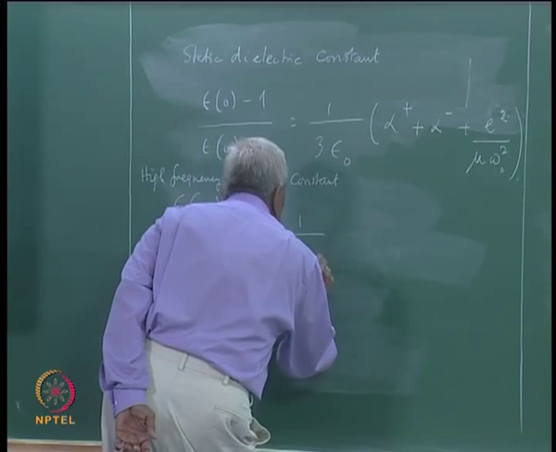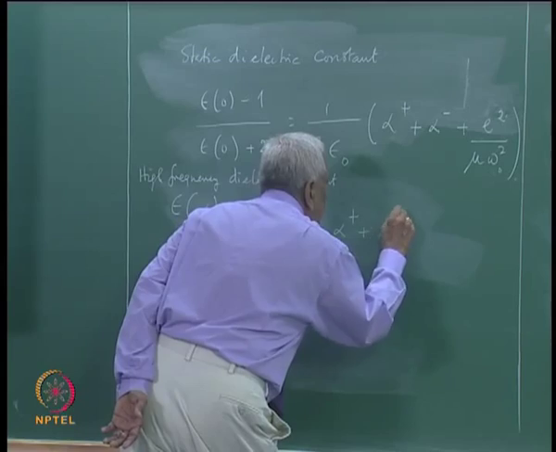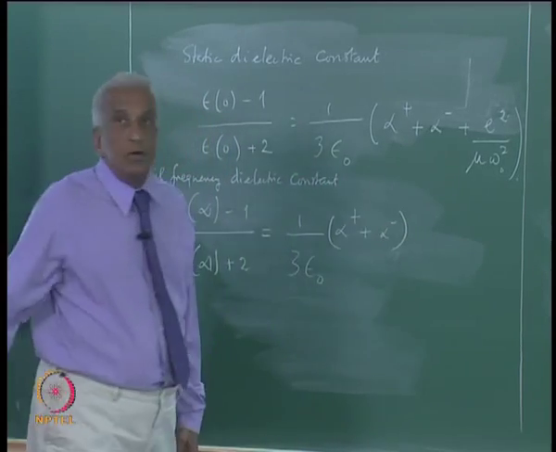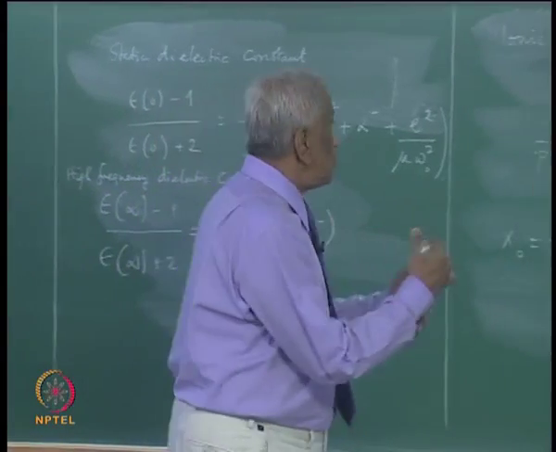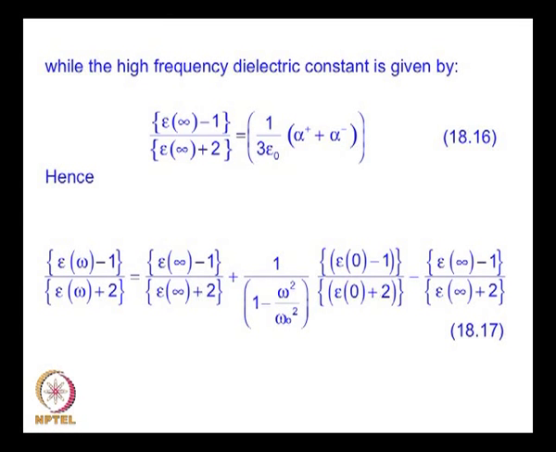So, the frequency dependent term goes off. So, using these two limits we can write epsilon omega, the dielectric constant at any frequency omega.